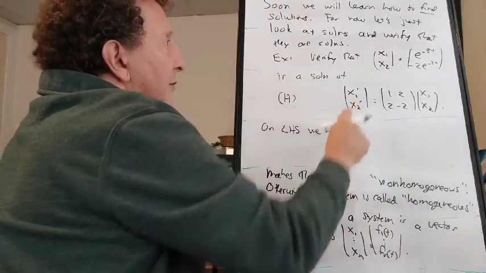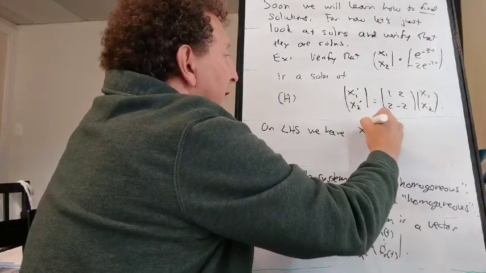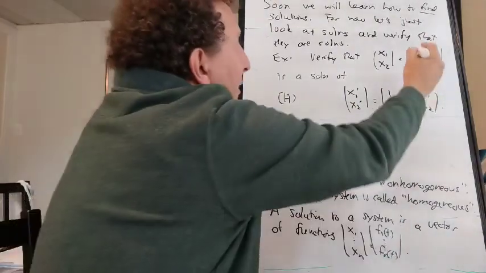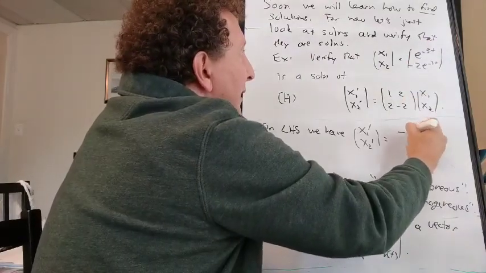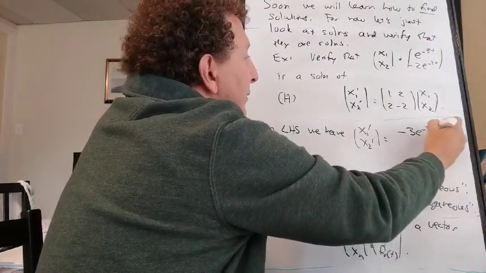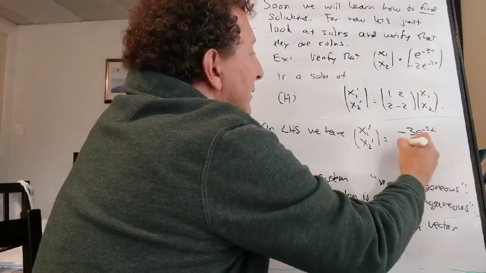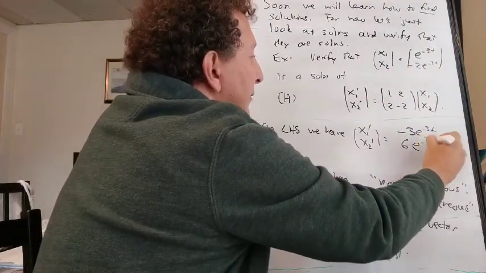So on the left-hand side, the derivatives: x1 prime, x2 prime equals the derivative of e to the negative 3t, which is negative 3 e to the negative 3t, and the derivative of negative 2 times that, which is 6e to the negative 3t.